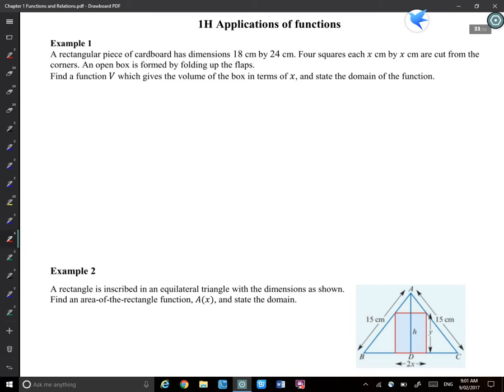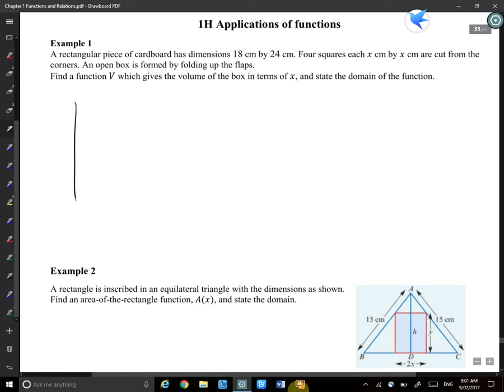Find the function V, which gives the volume of the box in terms of x, and state the domain of this function. So this is a very, very common question. We see a lot of mock exam papers will give you similar types.